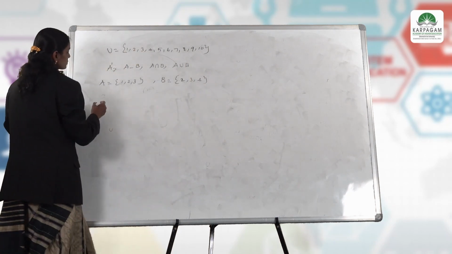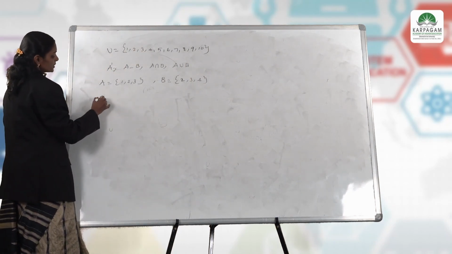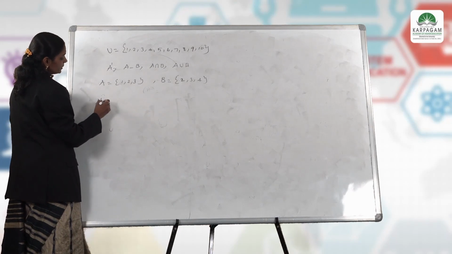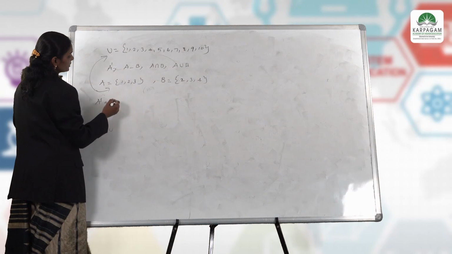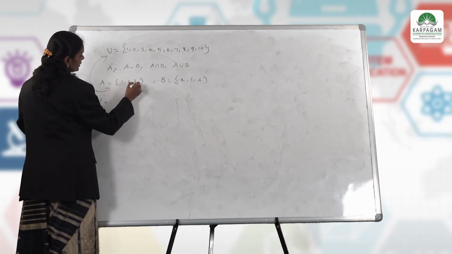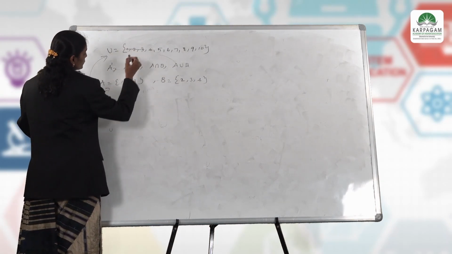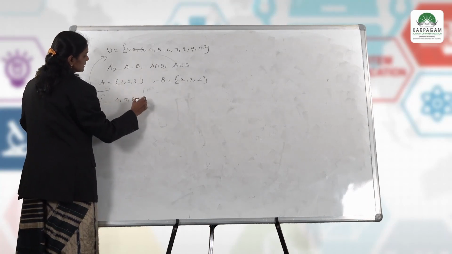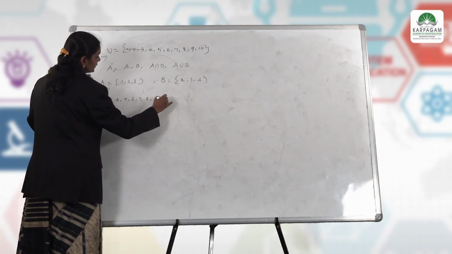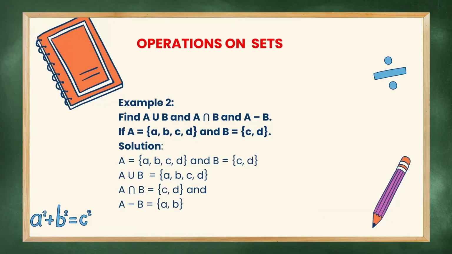First you can find A dash. A dash is nothing but the elements that are in U, not in A. So what are the elements? Here 1, 2, 3 you have, so cancel 1, 2, 3, remaining 4, 5, 6, 7, 8, 9, 10. I am repeating again, the elements should be in U, not in A. So 4, 5, 6, 7, 8, 9, 10. This is called A dash.